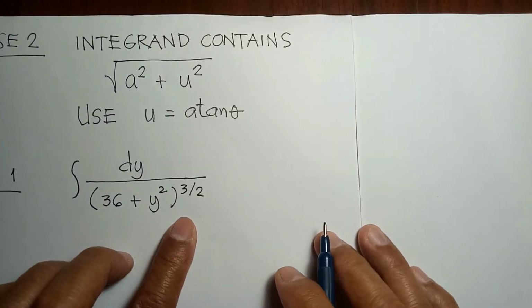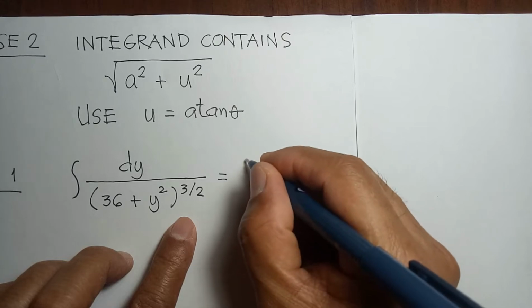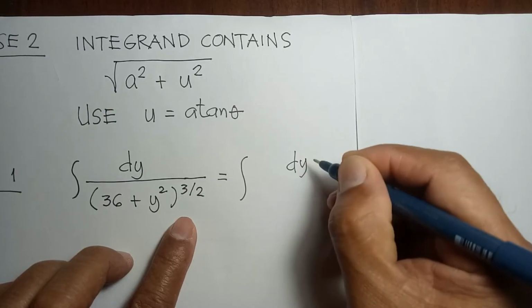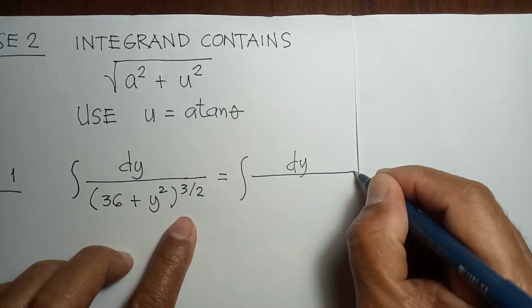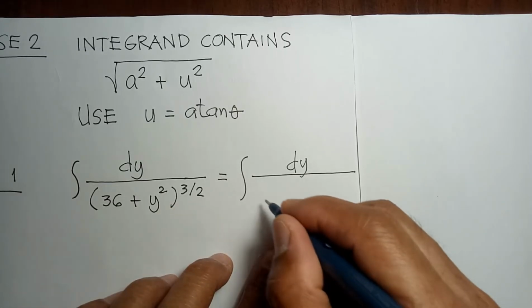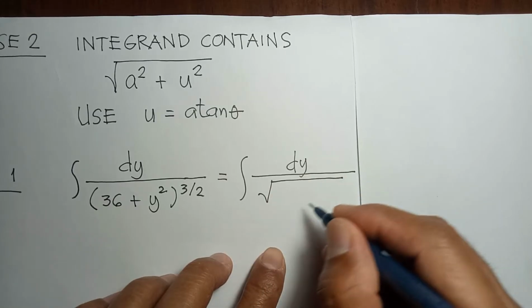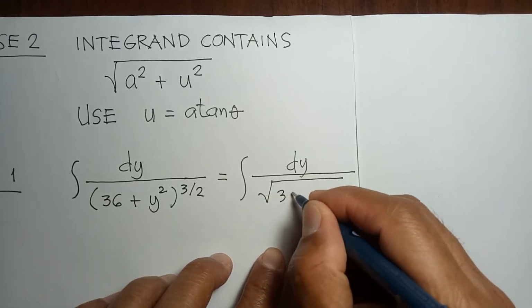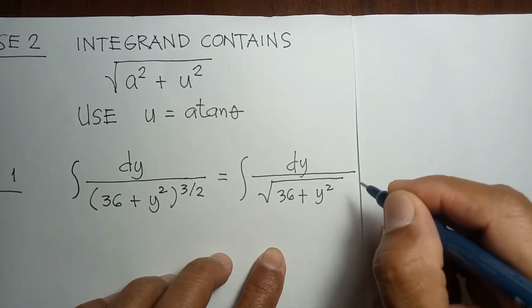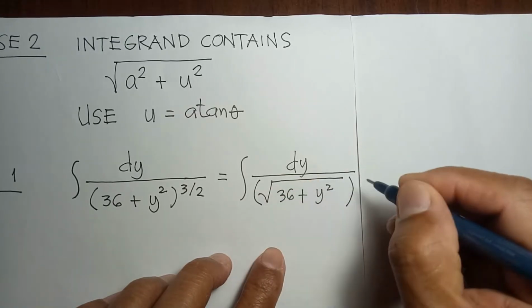So ngayon, itong given natin ay equal din sa integral of dy divided by square root of 36 plus y squared raised to 3.